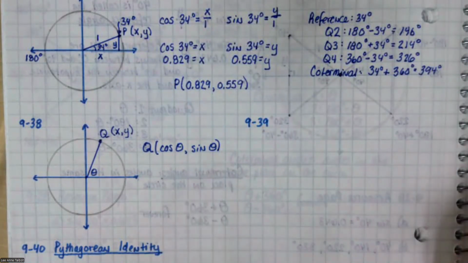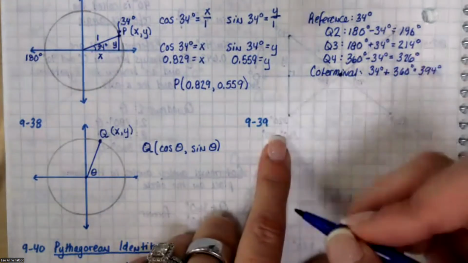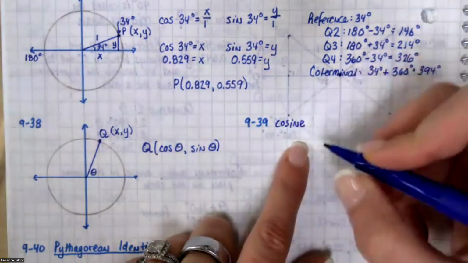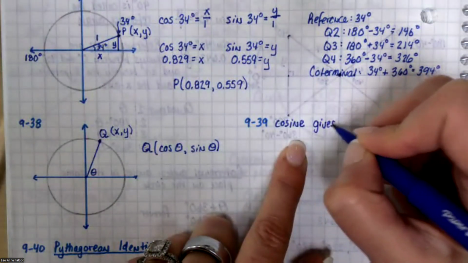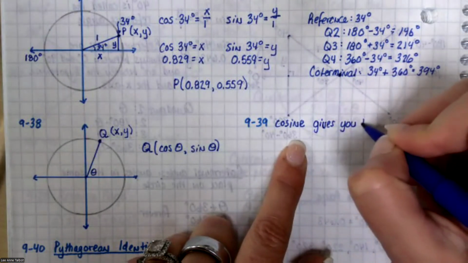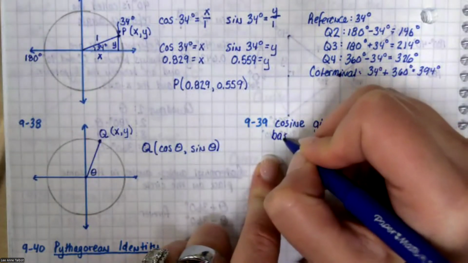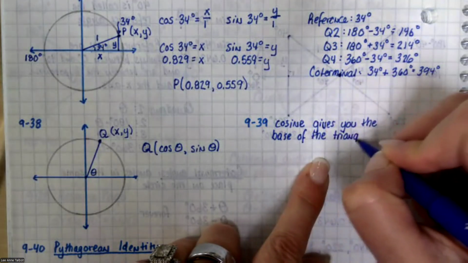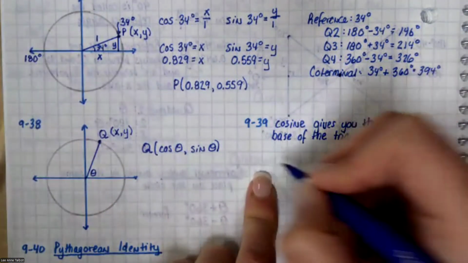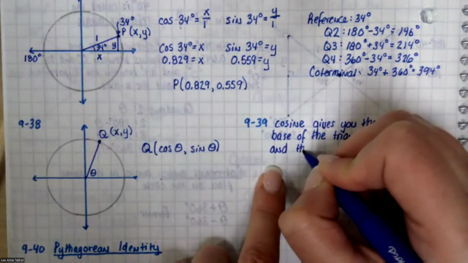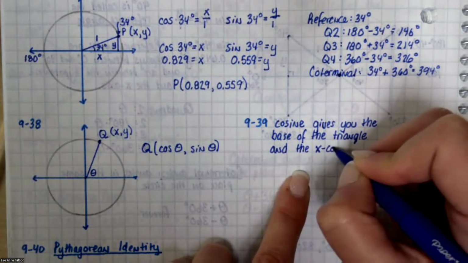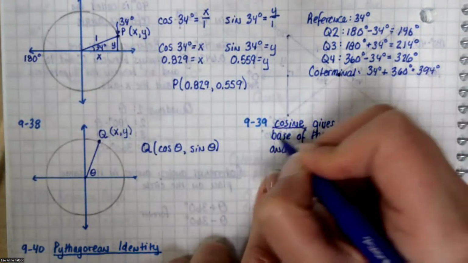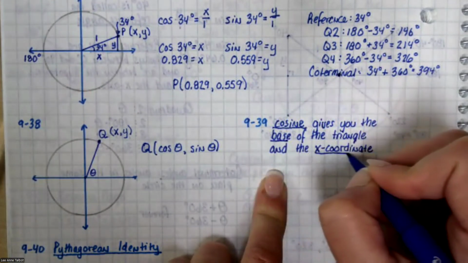Is it always? Yeah, okay. So in number 39, we're going to write ourselves a little thing in words. Cosine gives you the base of the triangle and the x coordinate. So cosine, base, x.